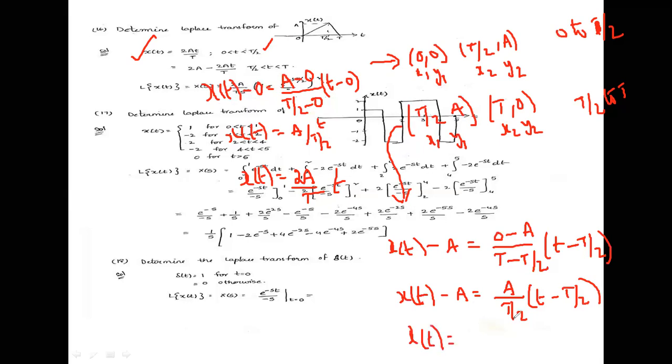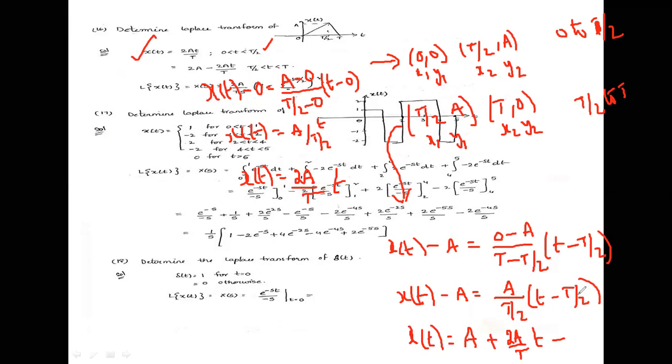Simplify this one by multiplying the functions. You'll get a plus, now multiplying this a by T/2 means 2a by capital T into small t, minus, and these two will get cancelled.